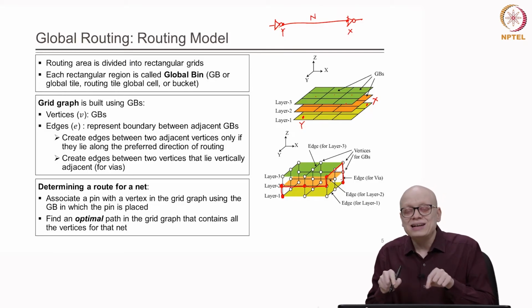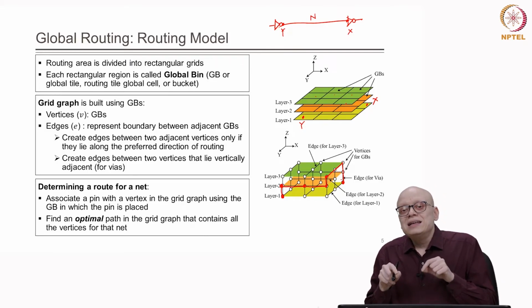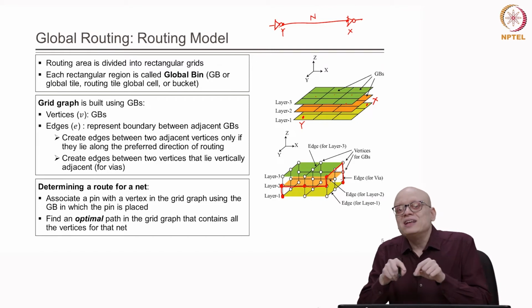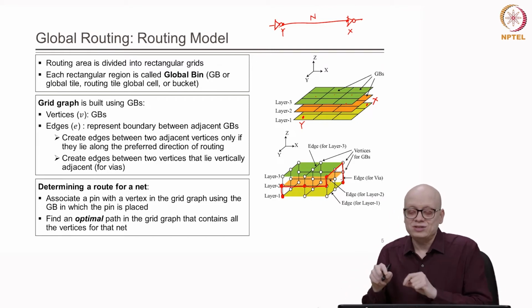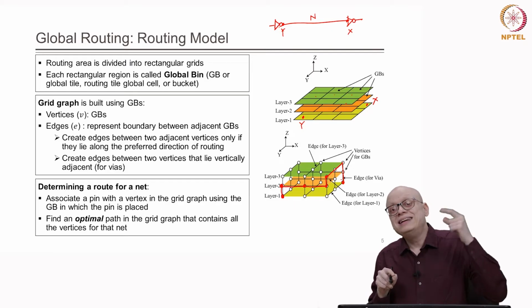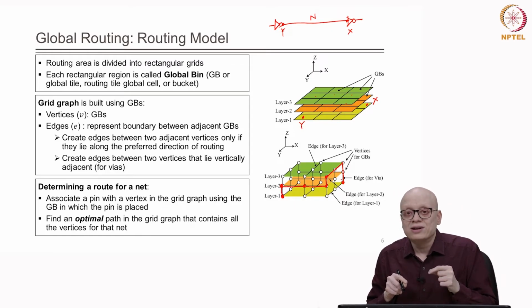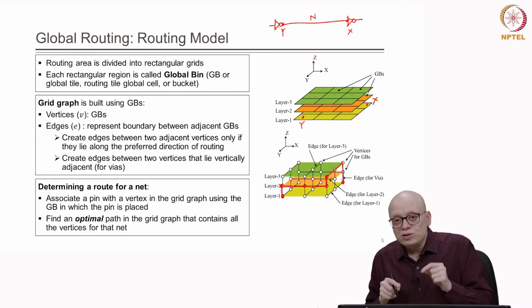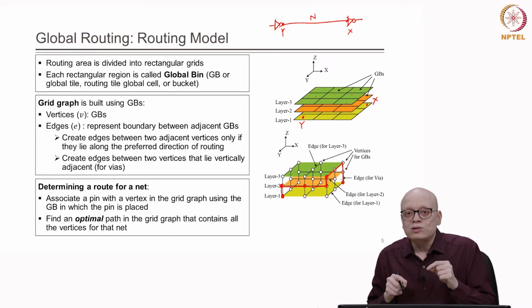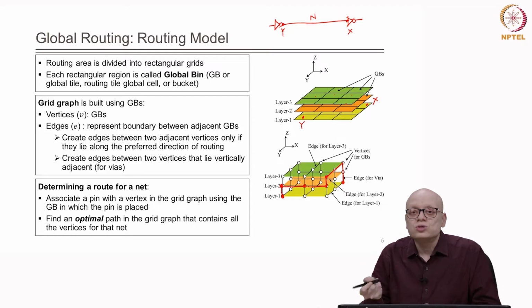It is not the exact layout of the net, but it is the path that the layout of the net will be traversing. The actual layout will be created by detailed routing, not during global routing, and we are discussing global routing right now. So during global routing, the routing solution for this net will be as shown in this figure.